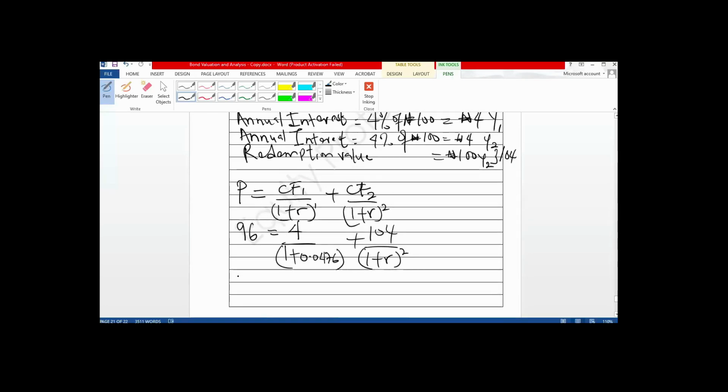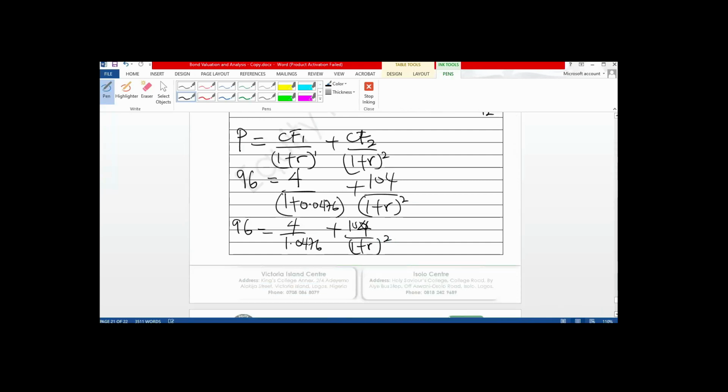You can now do this. 96 is equal to 4 over 1.0476 plus 104 over 1 plus R raised to power 2. Please divide 4 by 1.0476.